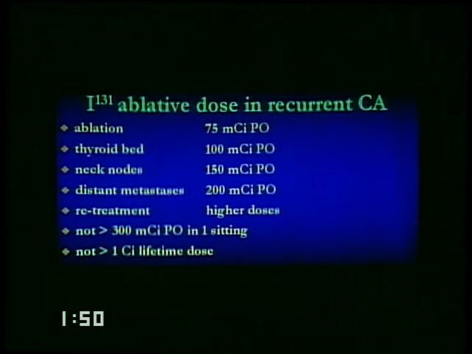Then when you come back with elevated serum thyroglobulin levels, you're going to look at activity in the thyroid bed, in the local region of the neck, and for distant metastases. Depending on where the activity is, you're going to give higher and higher doses of radioactive iodine. And these are ablative doses, much higher than your dose for benign thyroid disorder.